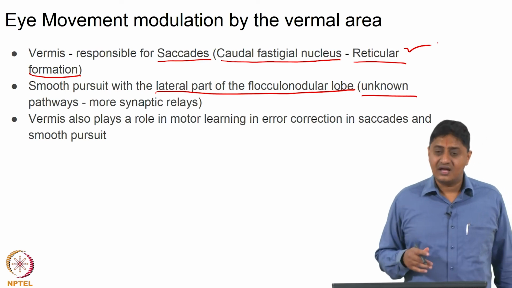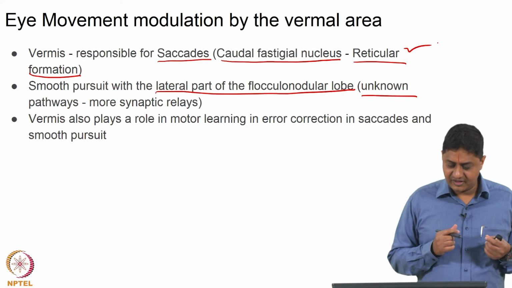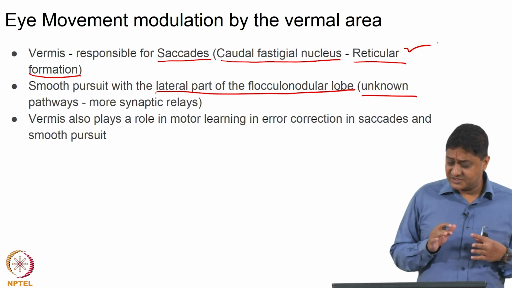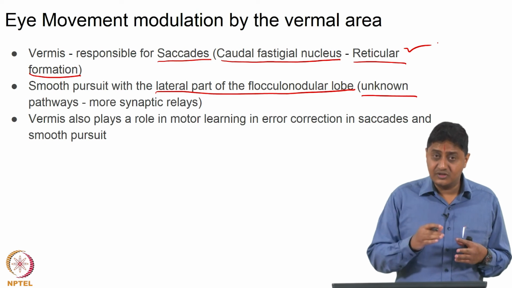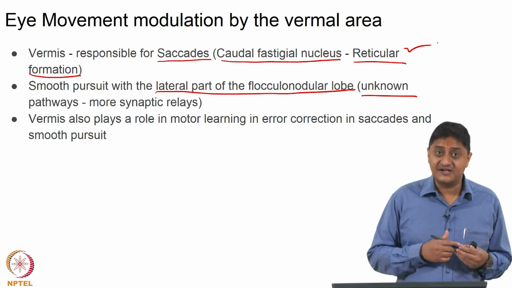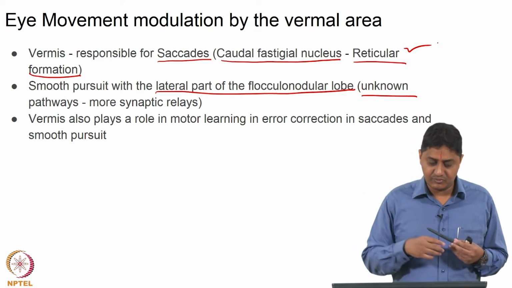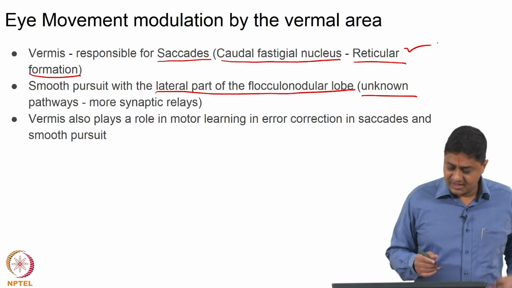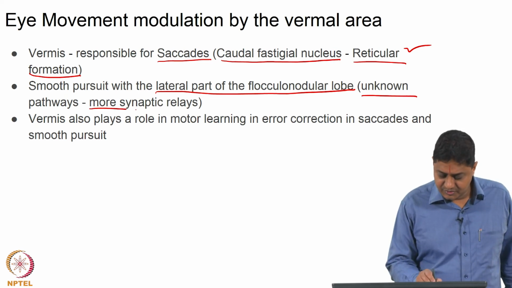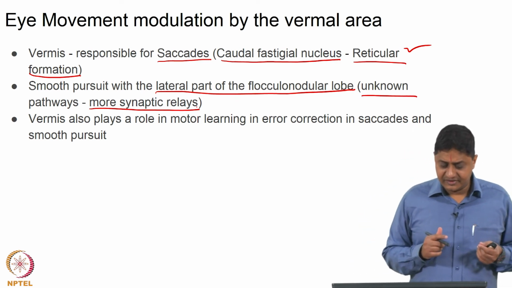So, saccades have a smaller number of synapses, whereas smooth pursuits have more synapses, and that makes sense, right, because saccades are fast or sudden changes, whereas smooth pursuit involves moment to moment control, more smoother. Of course, the exact pathway continues to be elusive. We have not been able to identify that.